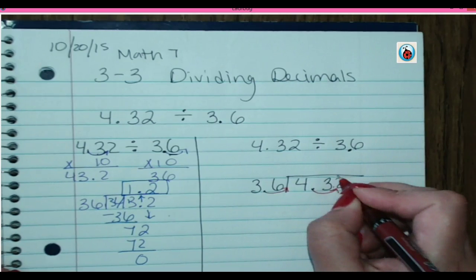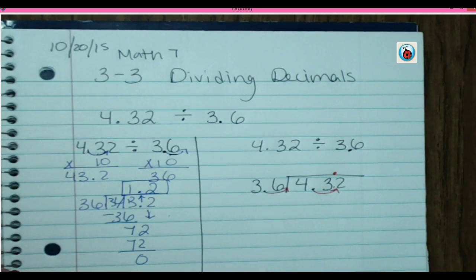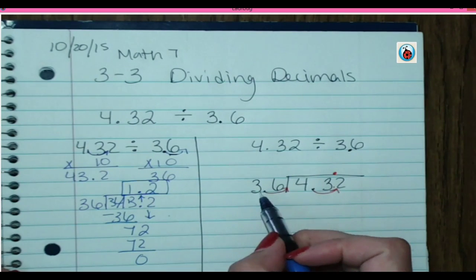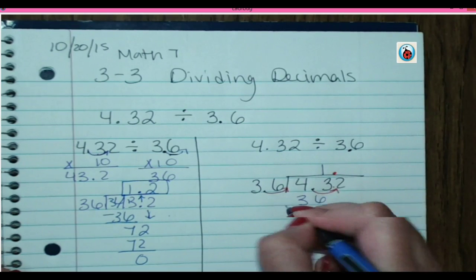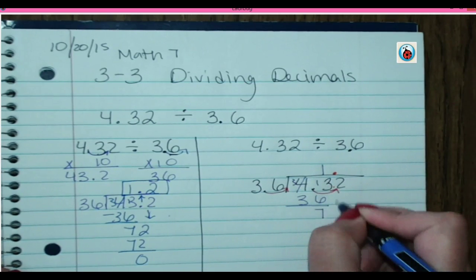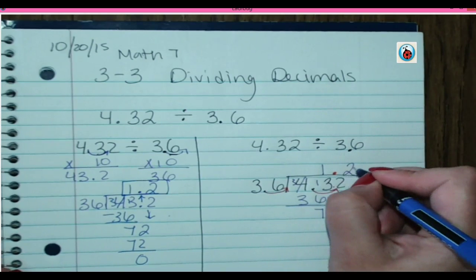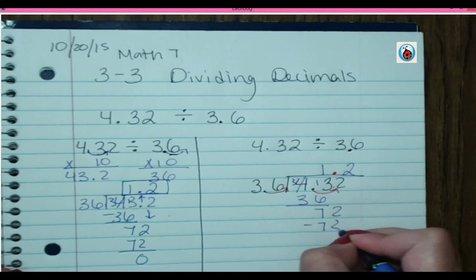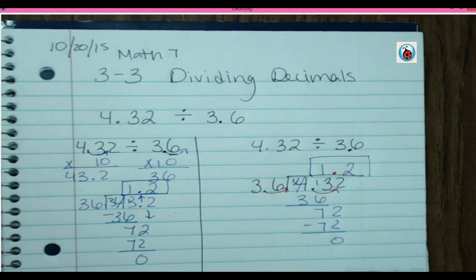We move our decimal and we bring our decimal up. So now we can divide. 36 goes into 43 once. 1 times 36 is 36. Borrow, 7. Bring down our 2. 36 goes into 72 twice. Minus 72 is 0. So we have the same answer.